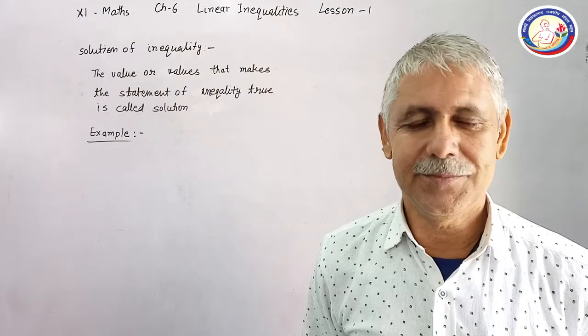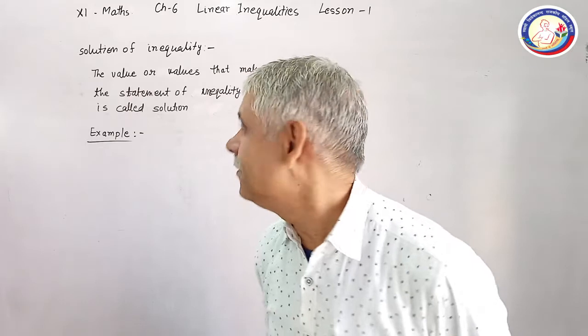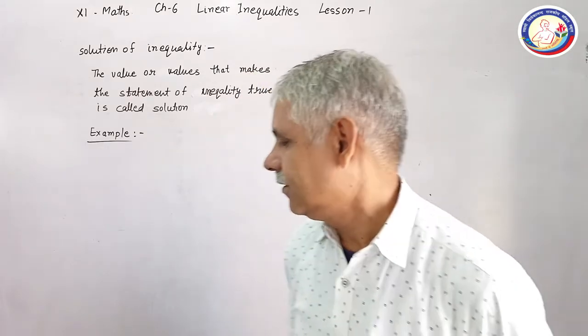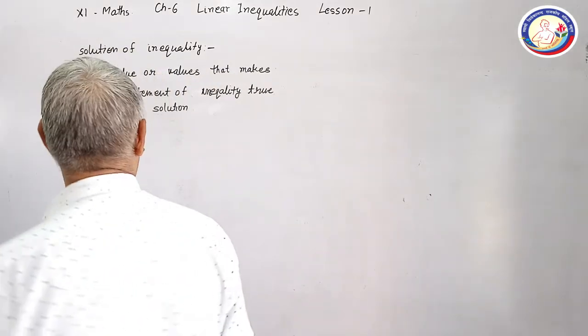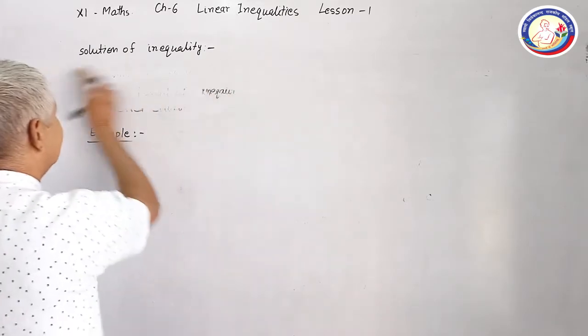So as a summary, I am repeating, what do we mean by solution of an inequality? The value or the values that make the statement of the inequality true are called the solution of any inequality.